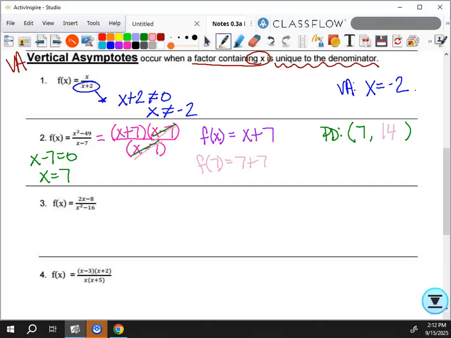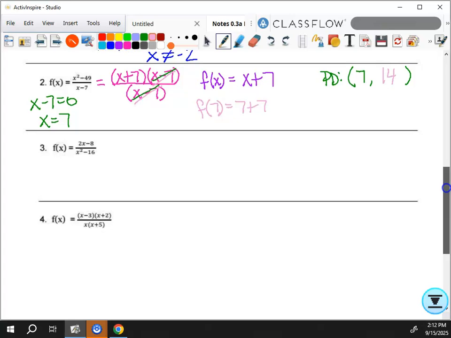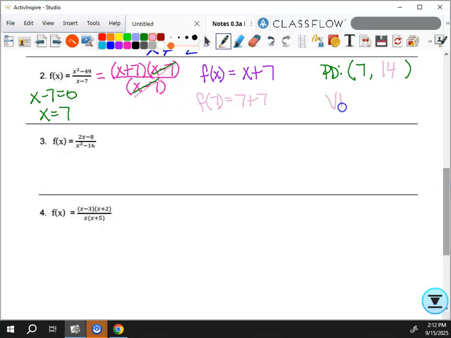Anything? Okay. So then we've got to talk about vertical asymptotes. If I look at this, my reduced function, do I have a factor that's unique to the denominator? No, because I don't even have a denominator, right?